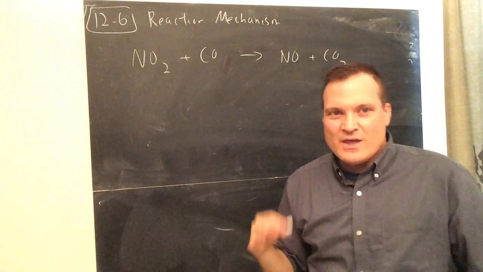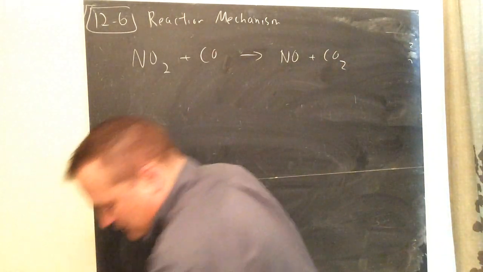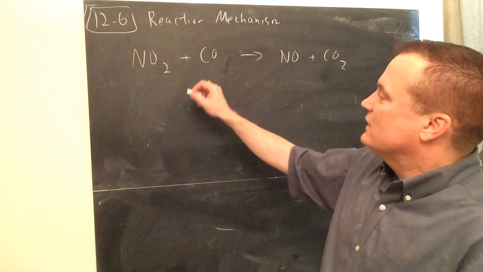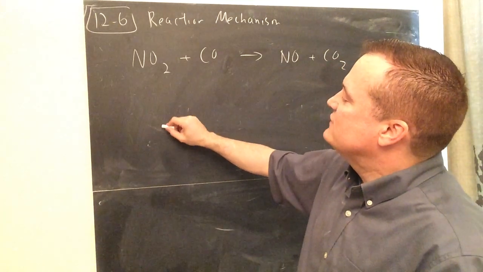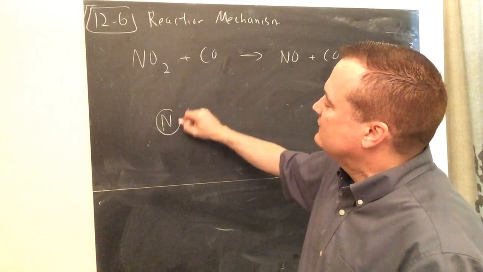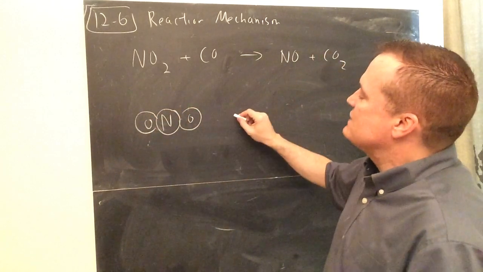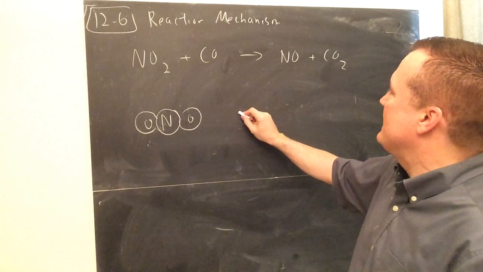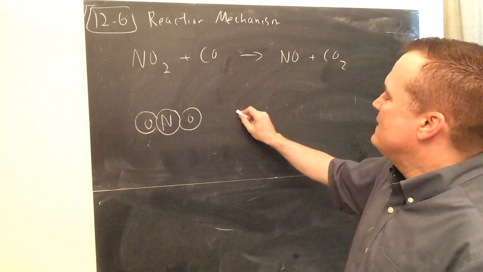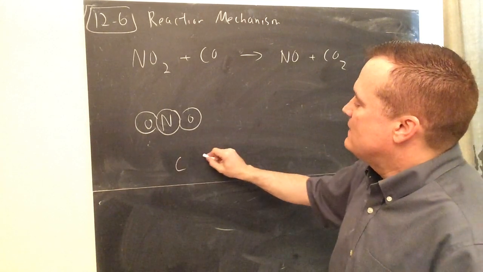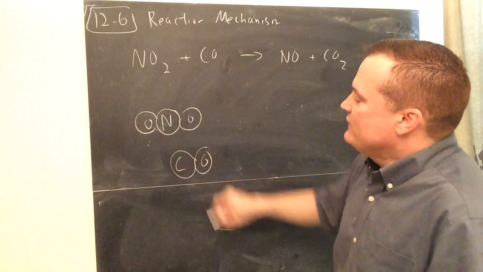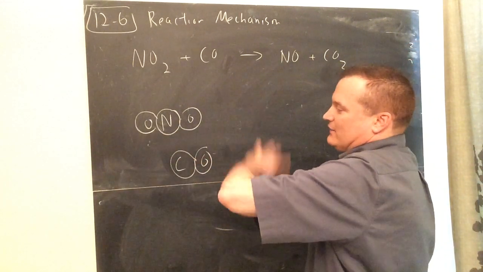Now, we know that there's collisions involved. I'm going to talk about that a little bit in a moment. Let's just say you have NO2, so let's put a little molecule of N and an O and an O. Now let's say you have a CO molecule. These molecules could be anywhere around each other.